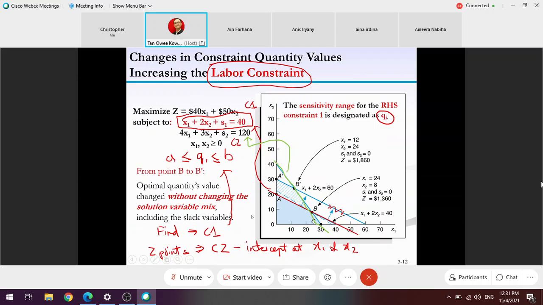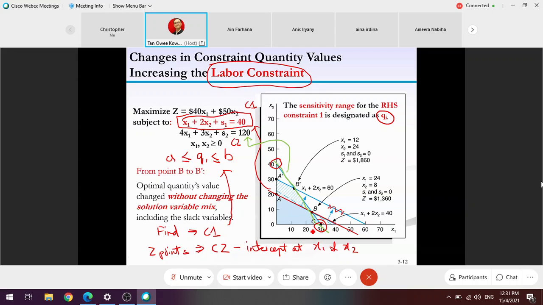Okay, I want to find the sensitivity range for the red color line. The sensitivity range for the red color line occurs at 2 points where the constraint line for constraint 2, which is the green color, intersects at x2 and x1.